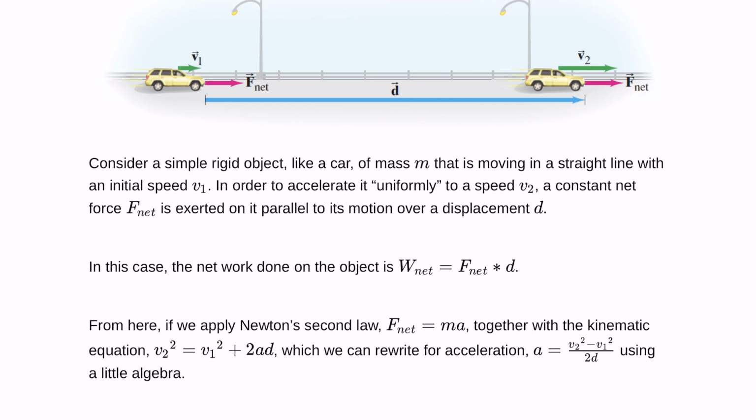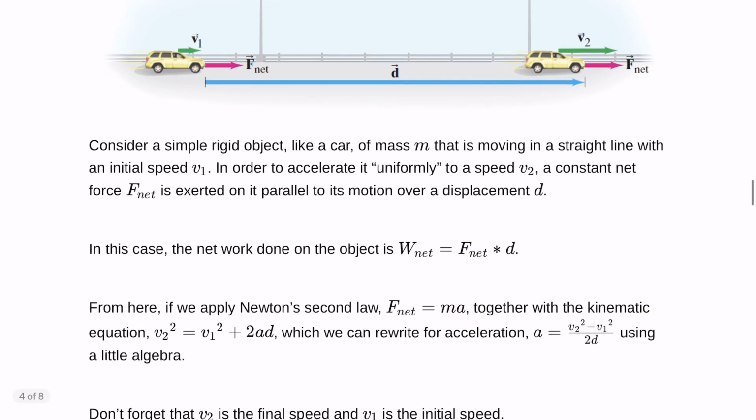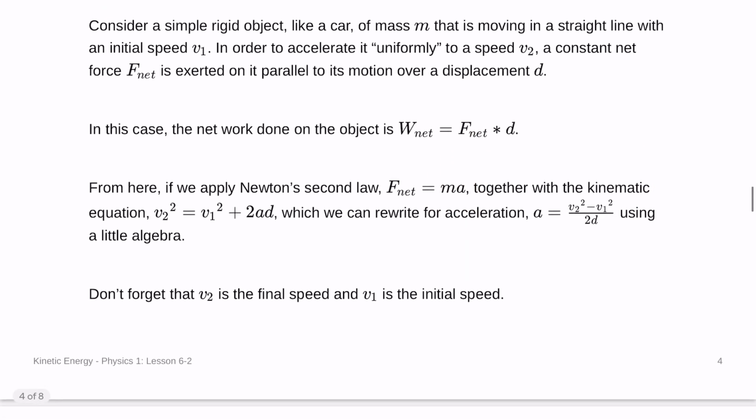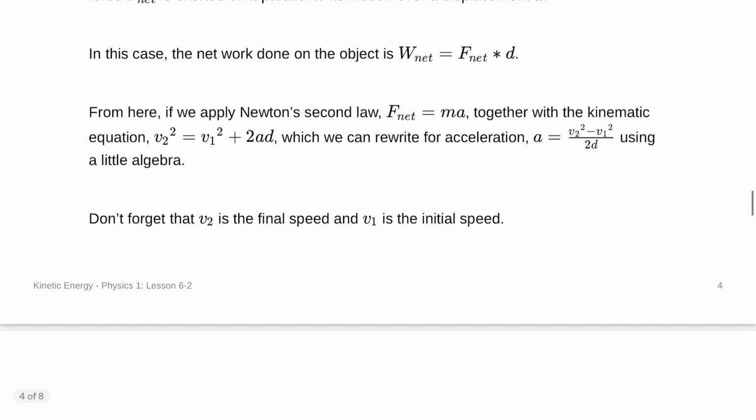We're going to plug this expression that we have solved for acceleration in uniform accelerated motion in for the a in Newton's second law. And we're going to take that whole thing and plug it in for F in our definition of work. And I'll show you that step by step. Now, don't forget that v2 is the final speed and that v1 is the initial speed.